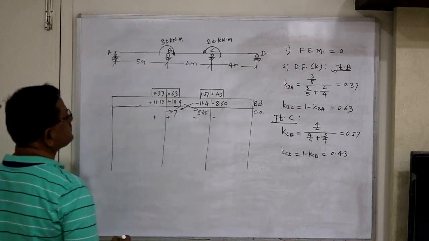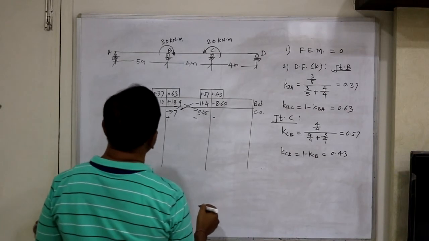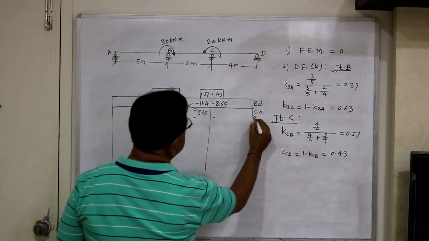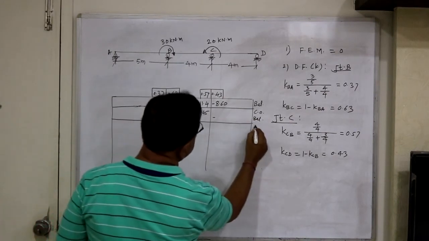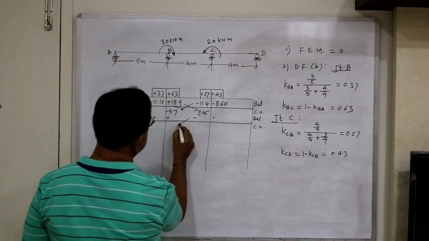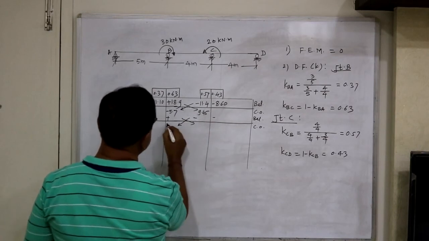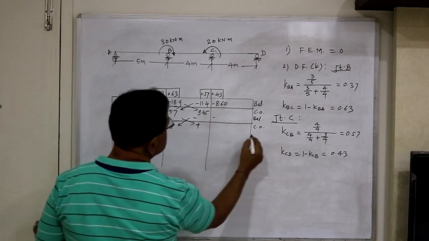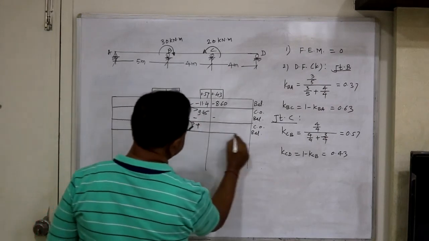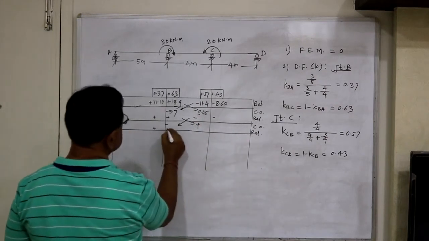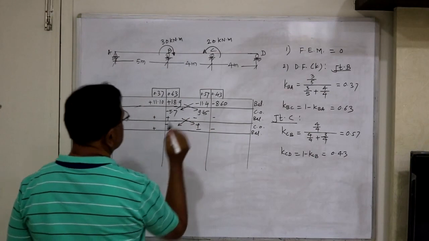So this is called balancing again. So do balancing, and then next carry over. Carry over only these two. This is minus, this is plus. Again balance. For balance, this is plus, plus, this is minus, minus.